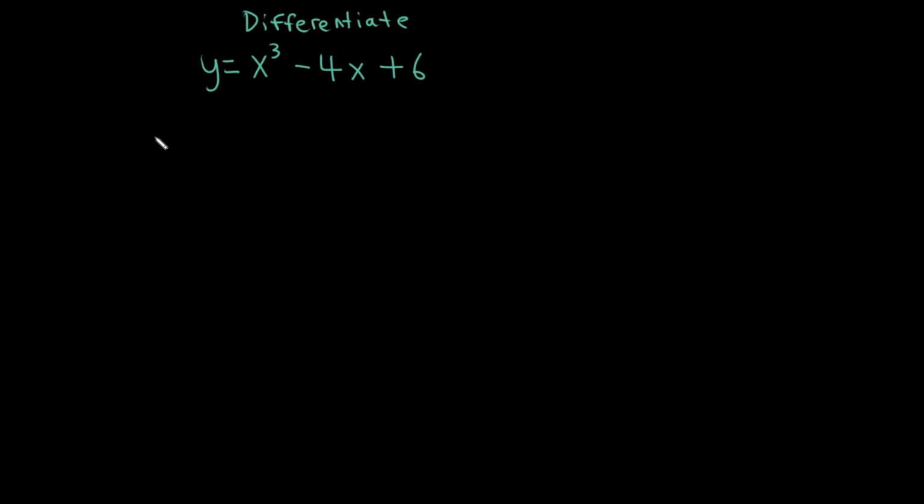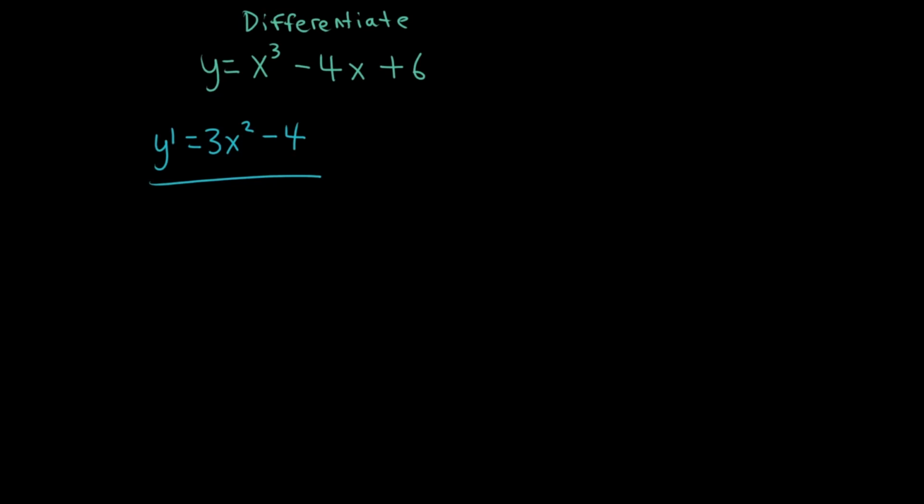We start by writing y prime equals, take the power down, 3, we subtract the power by 1, 3x squared. The derivative of 4x is just 4, because there's an imaginary 1 here, and 1 minus 1 is 0, and anything to the power of 0 is 1, so we can just write that the derivative of 4x is 4. And we know the derivative of 6 is 0, so we don't have to write it. So the derivative of this function is just 3x squared minus 4.